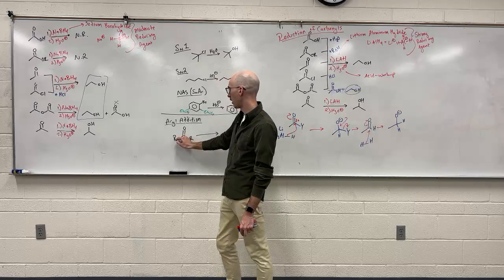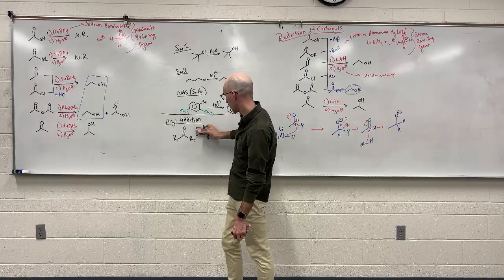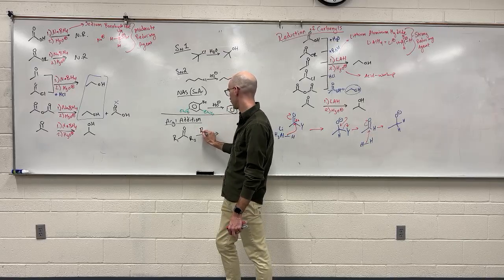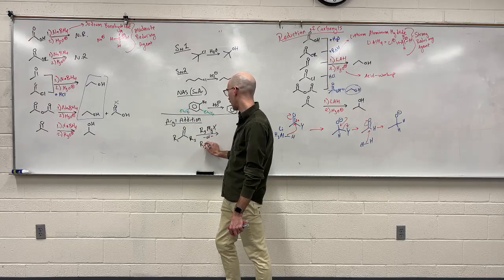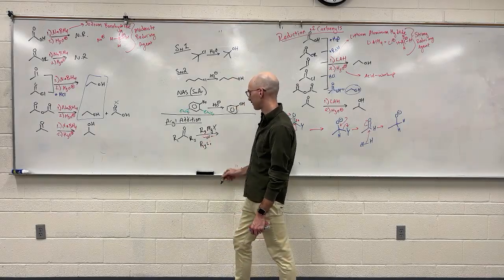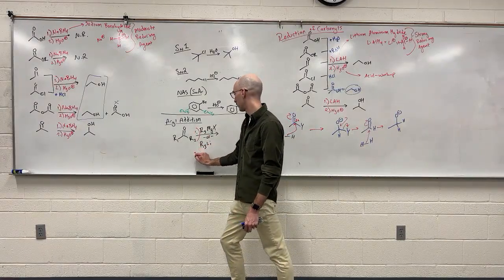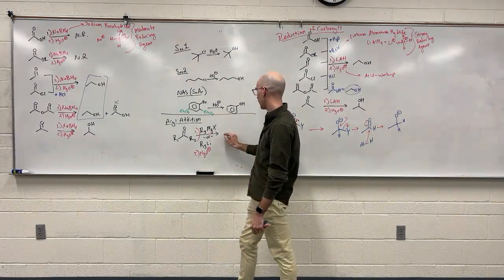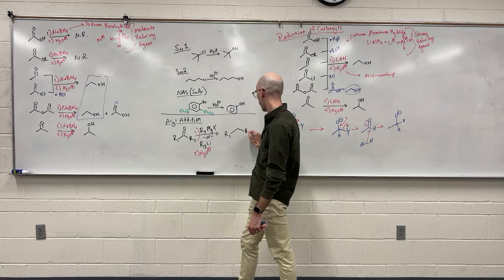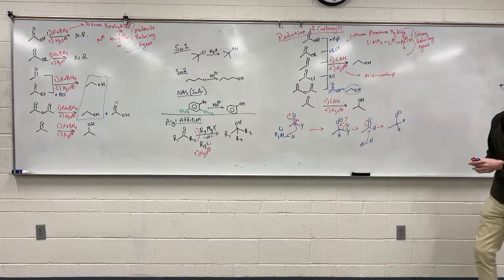I'm going to call this R1, R2, and now if I introduce R3 MgX, or R3Li, followed by an aqueous workup, then I can take this carbonyl and I can add a third carbon group to it, make an alcohol.